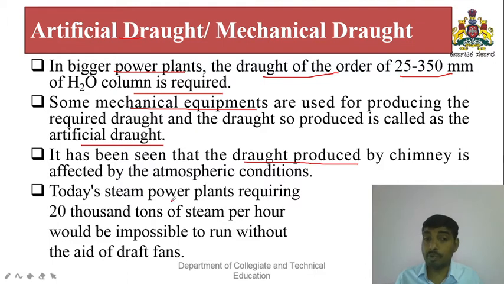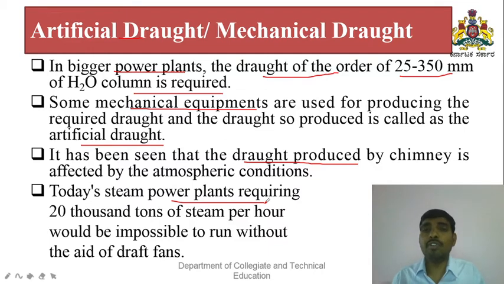Today's steam power plants require 20,000 tons of steam per hour, which would be impossible to run without the aid of a draught fan. Another reason to go for mechanical draught is that a huge quantity of steam is required for power generation. Suppose we have an 800 or 500 megawatt power plant boiler.